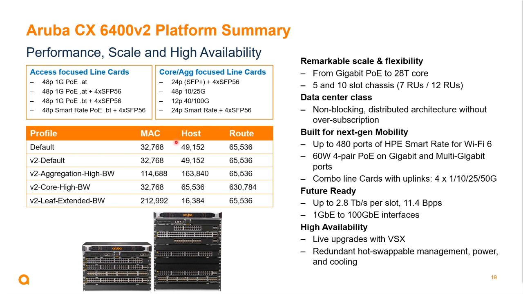And we see the numbers here, so it means that our 6400 can quite easily be positioned in the access, in the aggregation and in the core as well, close to the data center or in the data center.